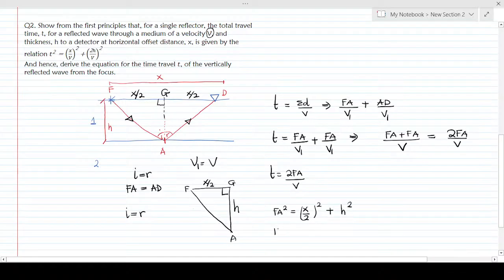In simplifying this, FA squared is equal to X squared over 4 plus H squared. Moving forward, FA squared is equal to X squared plus 4H squared over 4. I did the LCM here and simplified the fraction. You get it? Now let's move down.